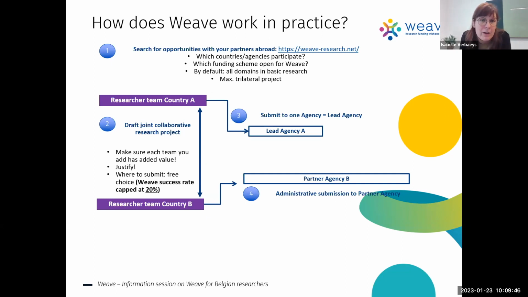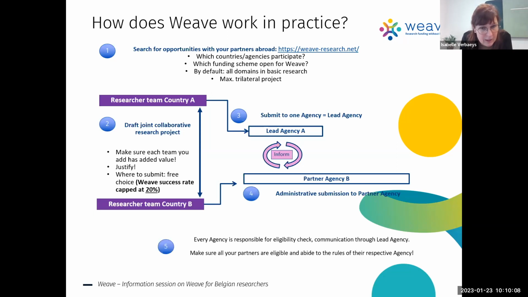Of course, each funding agency is responsible for the eligibility check of the proposal. So the lead agency will inform all involved partner agencies of the received proposal and each will perform the eligibility check.